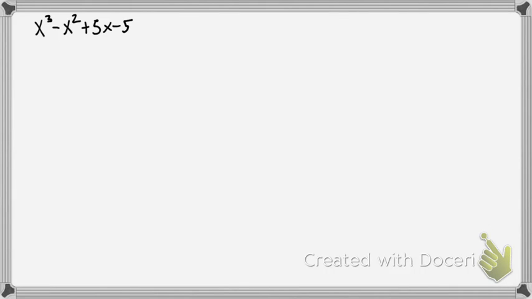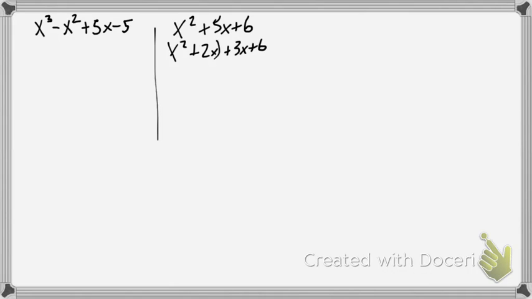Alright, to solve this cubic function by hand is actually the easiest factoring problem that we've done. Because when we were factoring something like this, we split this up so that it was x squared plus 2x plus 3x plus 6.